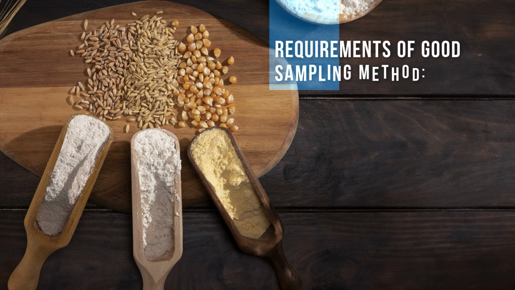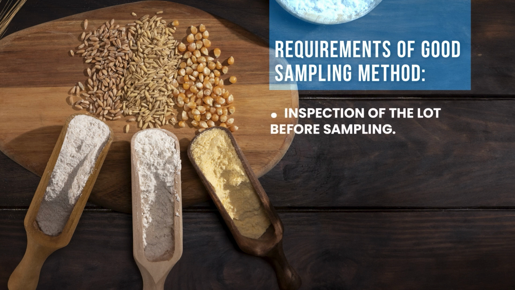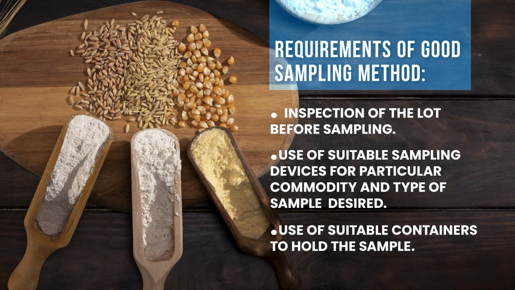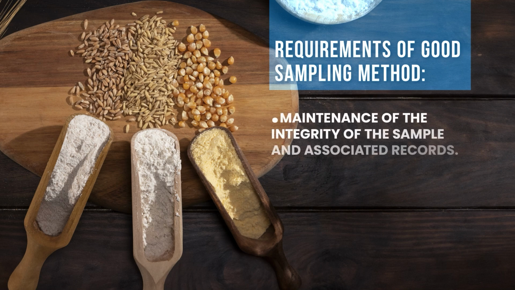Let us talk about the requirements of a good sampling method, after having seen probability and non-probability sampling. The first is inspection of the lot before sampling. Use a suitable sampling device for drawing the sample. Use suitable containers to hold the sample. Maintain the integrity of the sample and associated records.